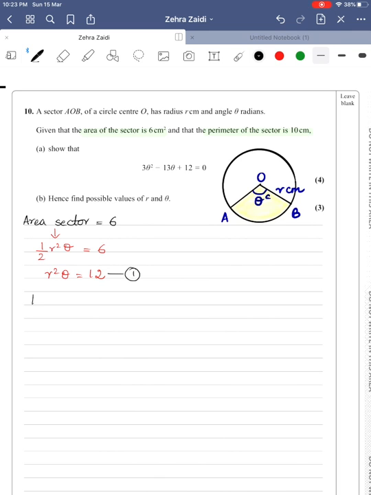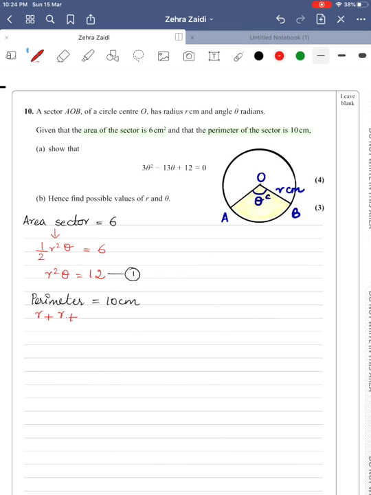Moving on to perimeter. Perimeter is equal to 10 centimeters. So, if we observe, the perimeter is radius plus radius plus the arc length.